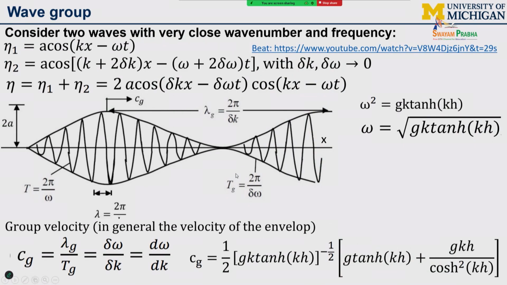We already learned the phase velocity, omega divided by k, and we learned that in deep water and shallow water the phase velocities are different. Now the group velocity is the envelope's motion, and its velocity is delta omega divided by delta k, and if delta is small enough, it is d omega dk, right? So that is the group velocity.